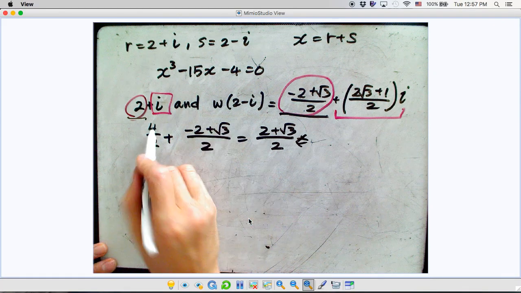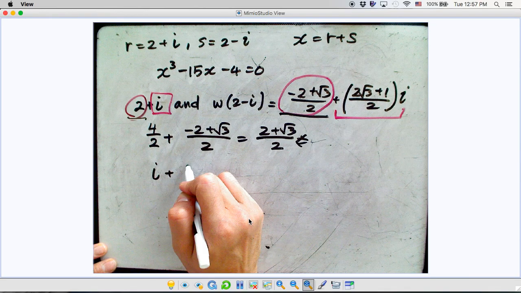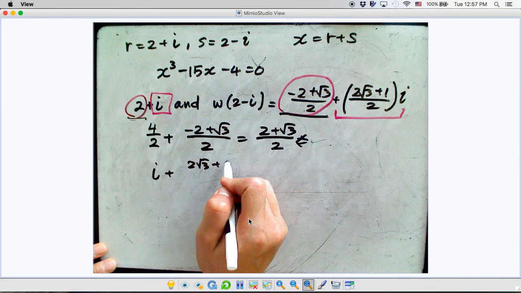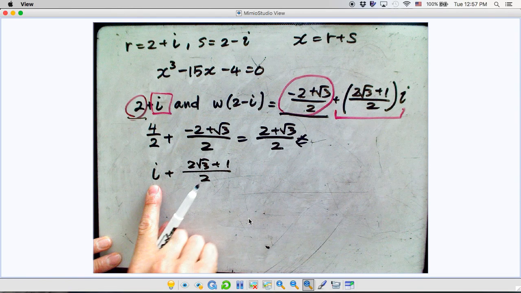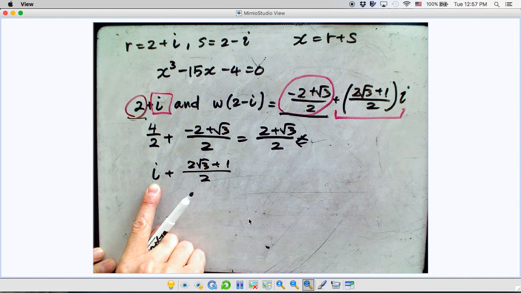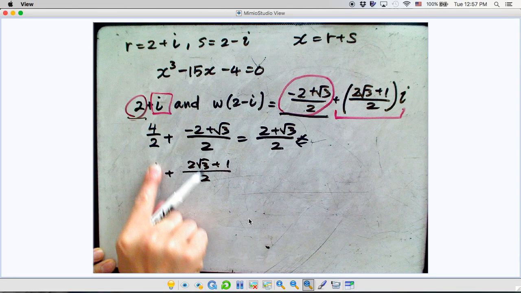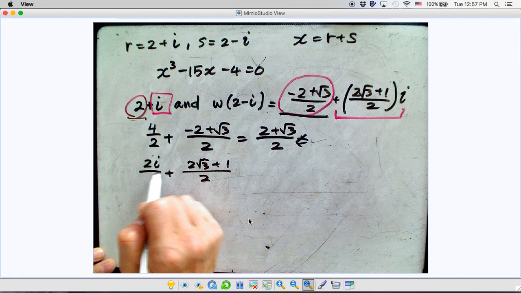Now I'm going to add i plus 2 square root of 3 plus 1 all over 2. Again, I have to have fractions, so I'm going to change this i into the form of a fraction, which is going to be 2i over 2.